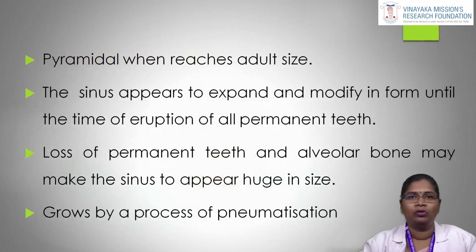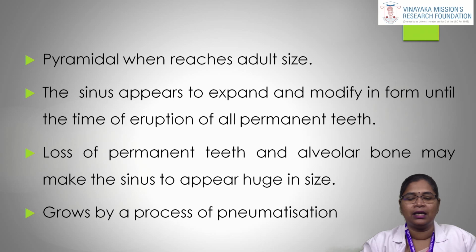To add a small note on the anatomy of maxillary sinus, the pyramidal shaped maxillary sinus measures 3.5 millimeter anteroposteriorly, 3.2 millimeter in height and 2.5 millimeter in width. It has a volume of 15 to 30 ml.